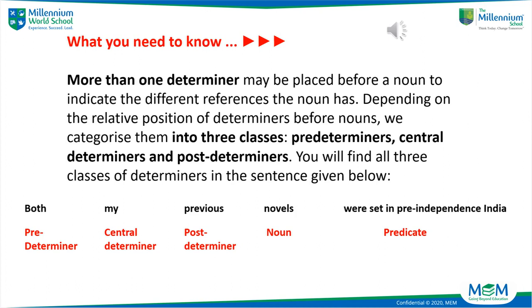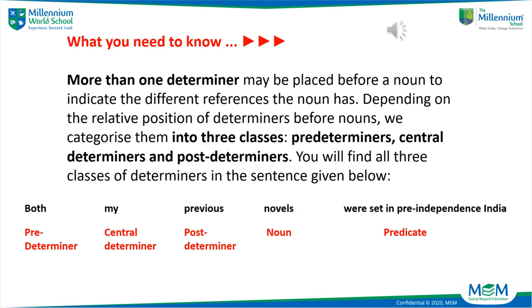You'll find all three classes of determiners in the sentence given below. Let's first read the sentence. Both my previous novels were set in pre-independence India.